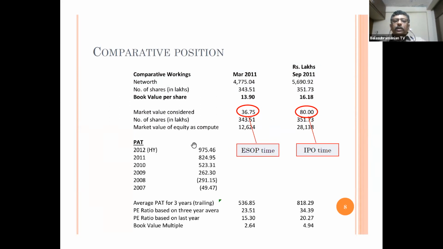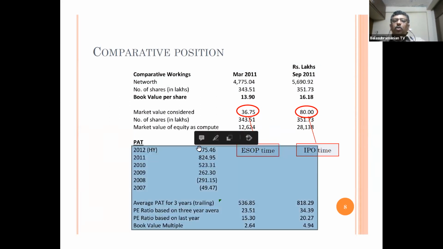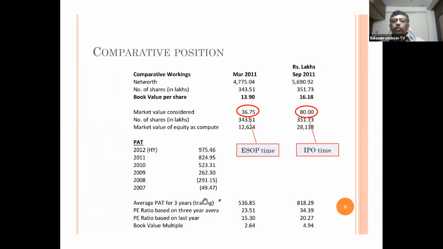Now, these are the actual PAT over the years in the past. So if you take average PAT of 3 years trailing, you see there is a significant jump between the time when ESOP was considered and the average PAT. And PE ratio based on 3-year average, not taking the latest PE average, but 3-year average, and PE ratio based on just last year, both were significantly increasing.